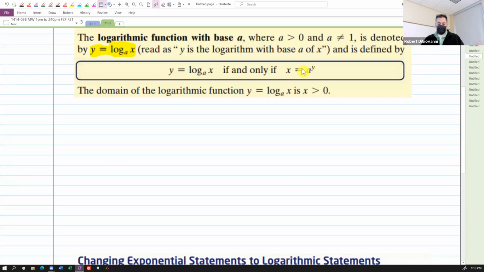That's what it means. Usually when I first show this, it's like, what are you talking about? All right, so let me try and explain this. If I write y equals log base a of x like that, then what I mean by this is that x must be a to the y.